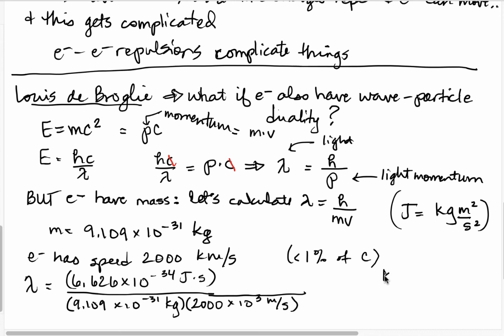So on the top, we've got kilogram meter squared per second squared multiplied by seconds divided by kilograms and meters per second. One of these seconds cancels here, the other second cancels here, 1 meter cancels here, 1 kilogram cancels here, and what you have left is just meters, which is what you want for wavelength.